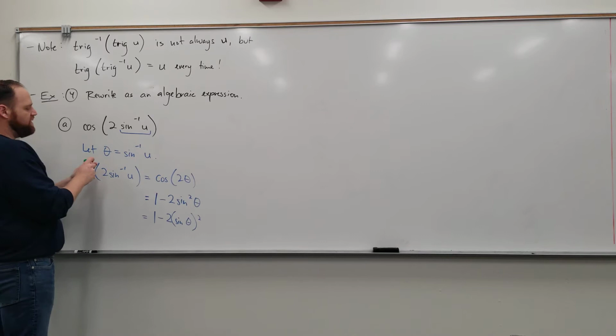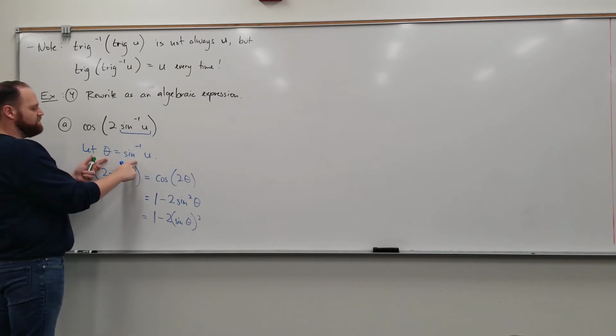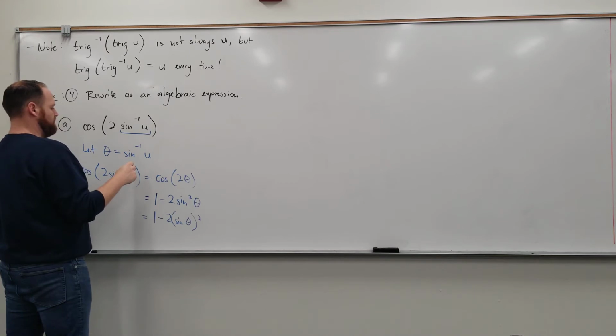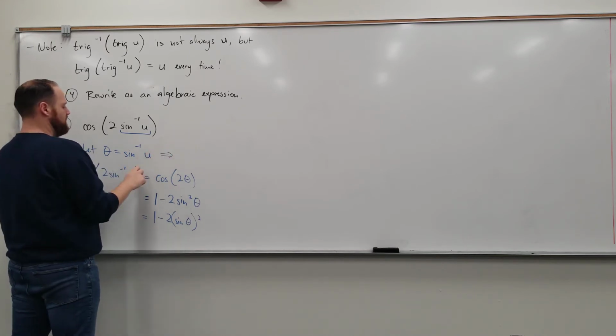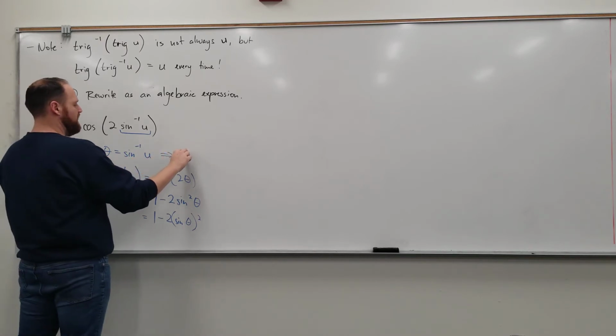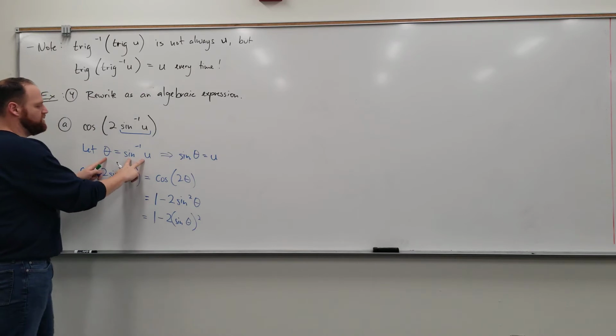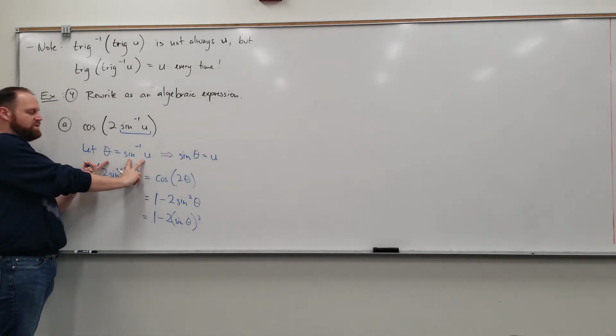Well, if theta was sine inverse of u, then that means that sine theta equals u, right? Just by definition of the inverse. So if theta is sine inverse of u, then u is sine theta.